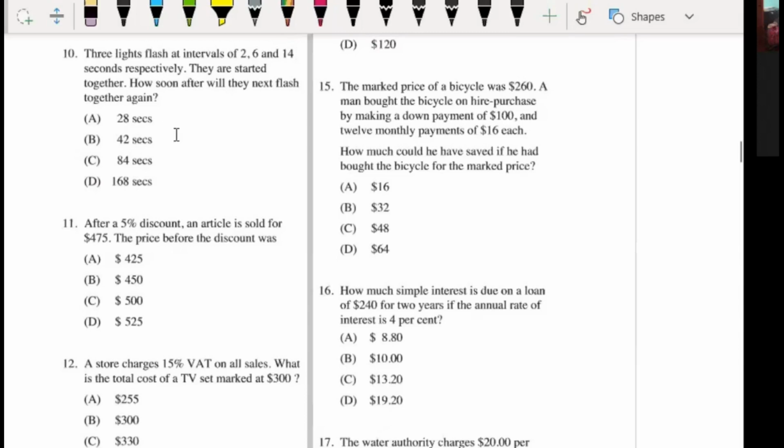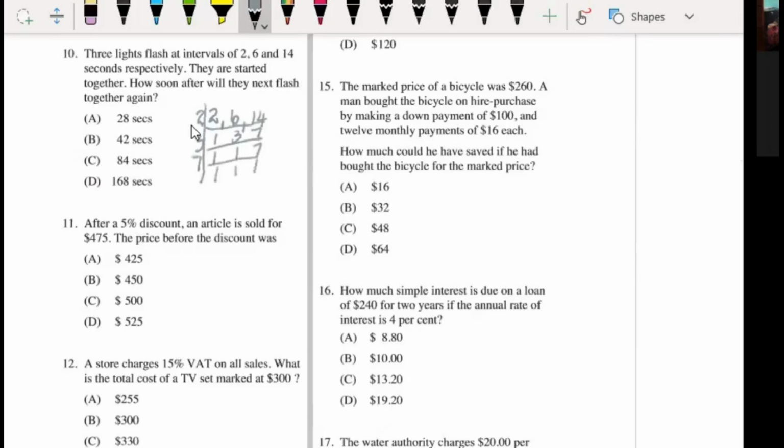There is the normal LCM method. You can work it out and do it. We can have 2, 6, 14, then 2, 1, 3, 7, then 3, 1, 1, 7, then 7, 1, 1, 1.